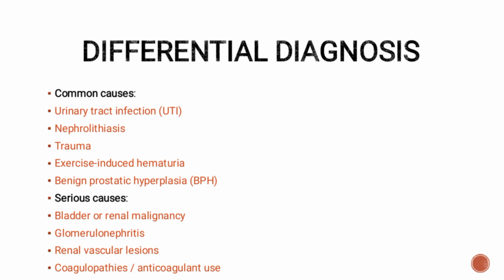In serious cases, hematuria can arise due to bladder or renal malignancy, glomerulonephritis, renal vascular lesions, or coagulopathies, and anticoagulant use can lead to medical hematuria.